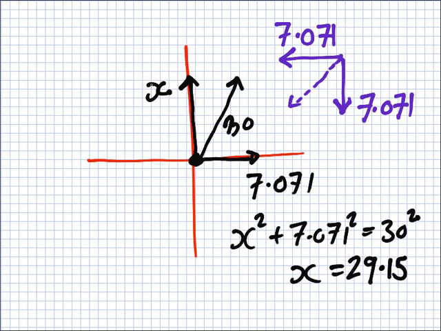Now, question. Will the bird actually have 29.15 to the north? No. Because why?